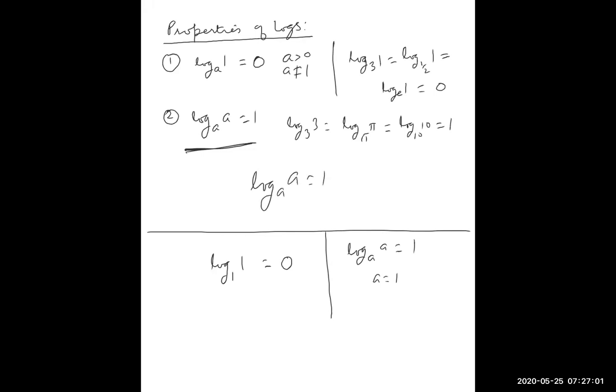As I told, this a can be anything: a can be 3, a can be pi, a can be 10. So what happens if I put a is equal to 1? That means log 1 must be how much? By this property it must be 1.